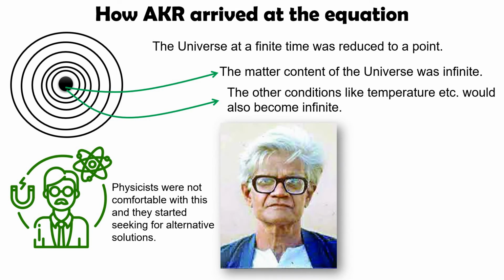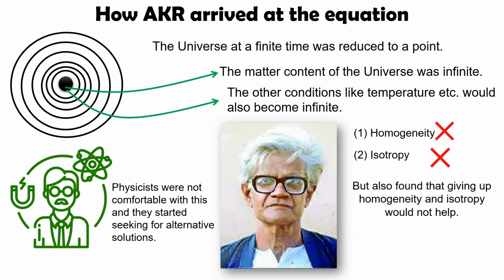Here is the picture of Professor AKR. What AKR said is that he won't take into account homogeneity and isotropy. Now you understand homogeneity and isotropy because I laid the foundation right at the beginning of the video. He found that giving up homogeneity and isotropy would not help.